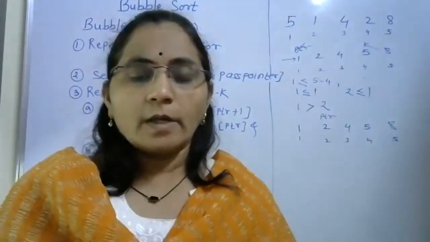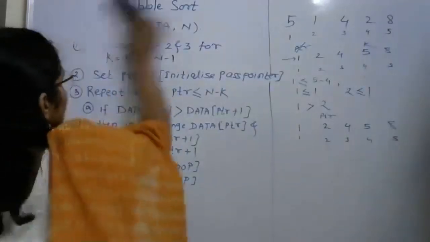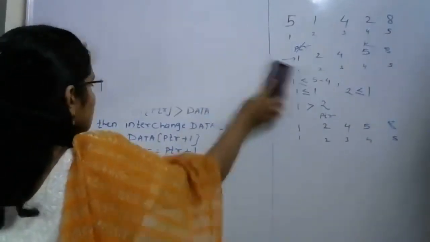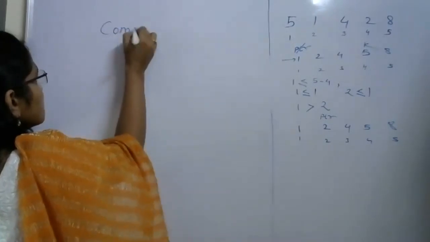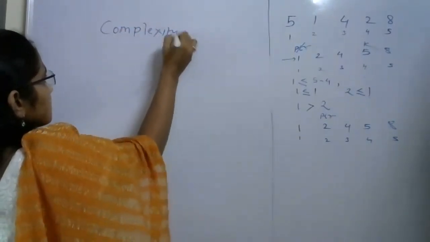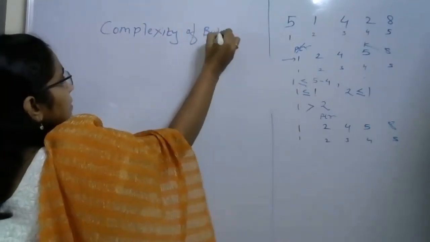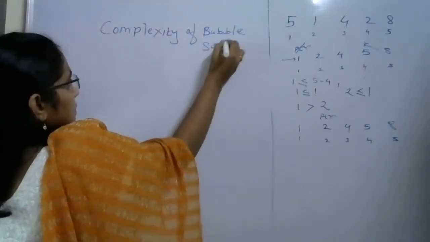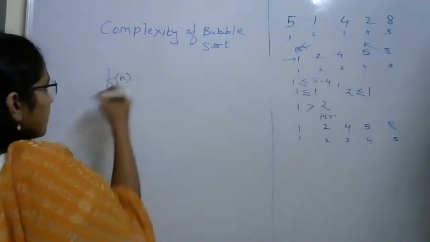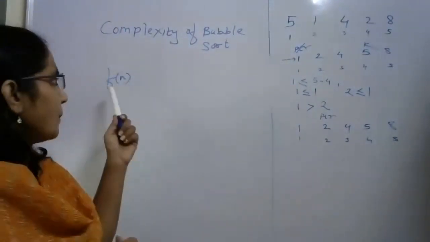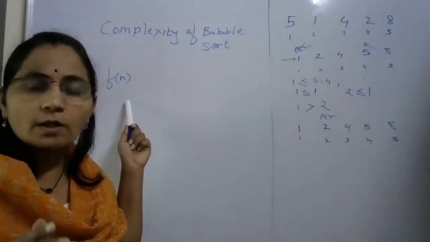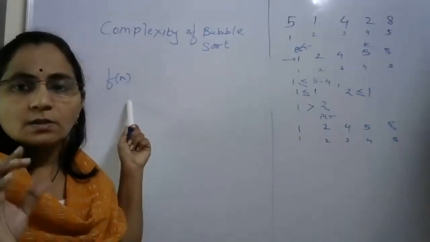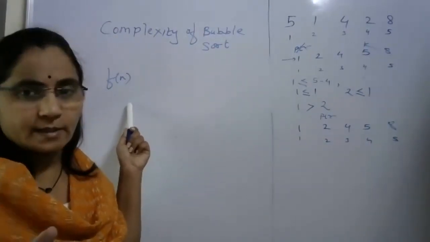Yes, ma'am. Okay, now we see the complexity of bubble sort. The complexity of bubble sort is represented with f of n. f of n means the number of comparisons required to sort the given elements in either ascending or descending order.